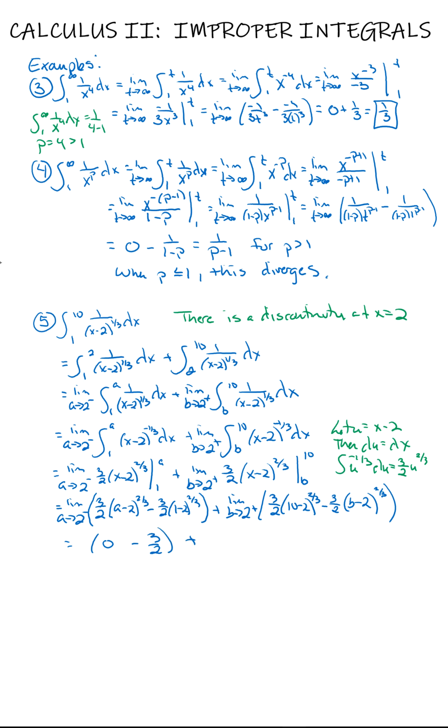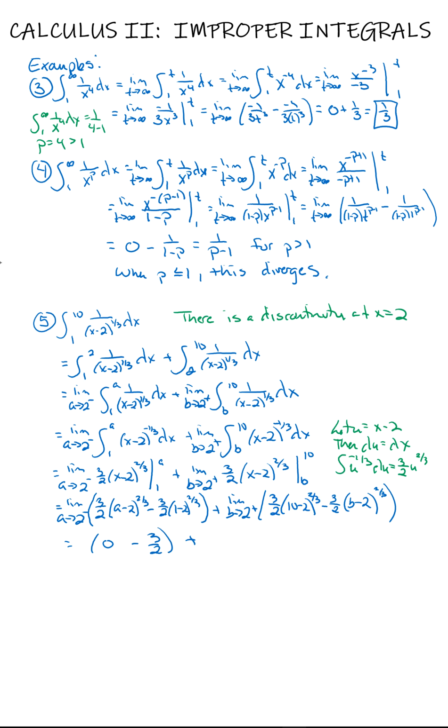Okay, for the second one, here we have 10 minus 2, which is 8, raised to the 2/3. I'm going to take the 1/3 power first, so that's the cube root of 8, which is 2, then square it, which gives us 4, then multiply by the 3/2.